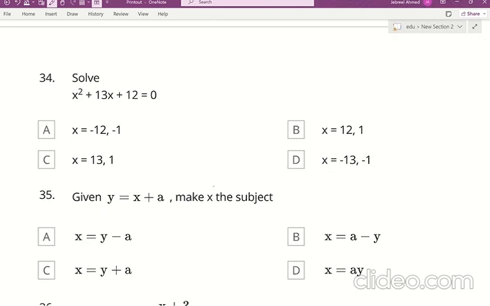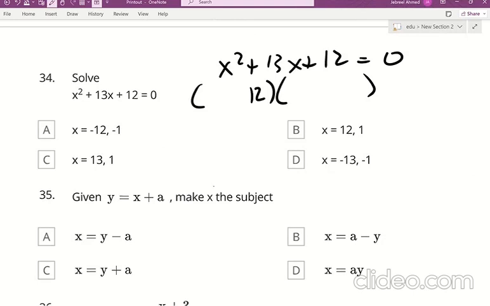Okay, so x squared plus 13x plus 12 equals 0. So I know 12 times 1 gives me 12, and 12 plus 1 gives me 13. So that's okay.